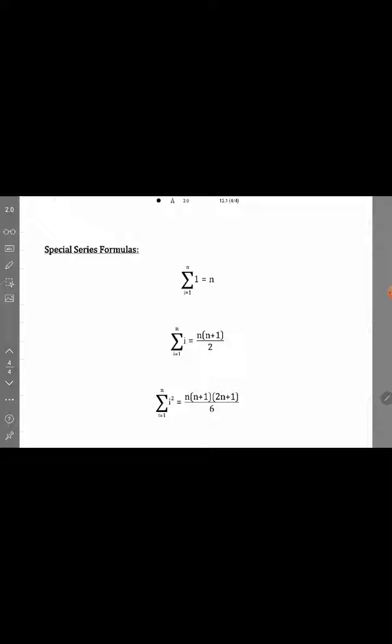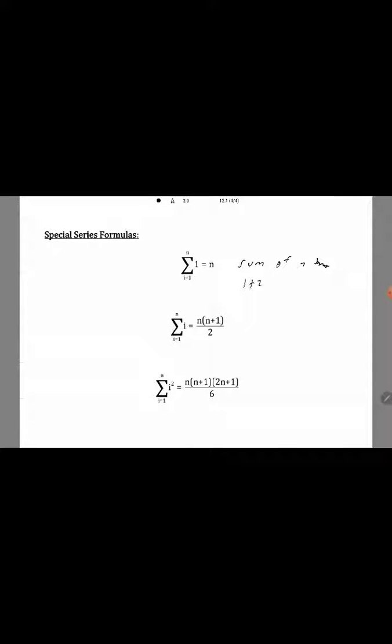Or not. So memorize these special series here. So this is the sum of n terms.